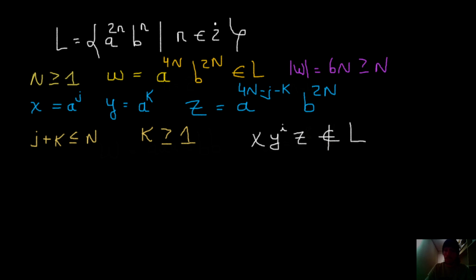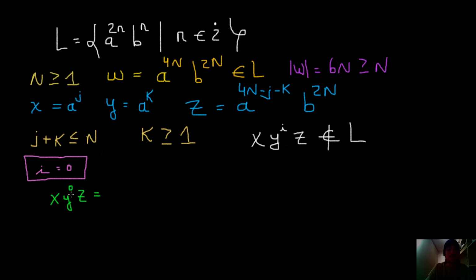So for this example, we are going to take the value i to be equal to 0. Let's put it in here, i is going to be equal to 0. And let's see what we have at the end. So let's do this concatenation. We will have x concatenated with y raised to 0, concatenated with z.